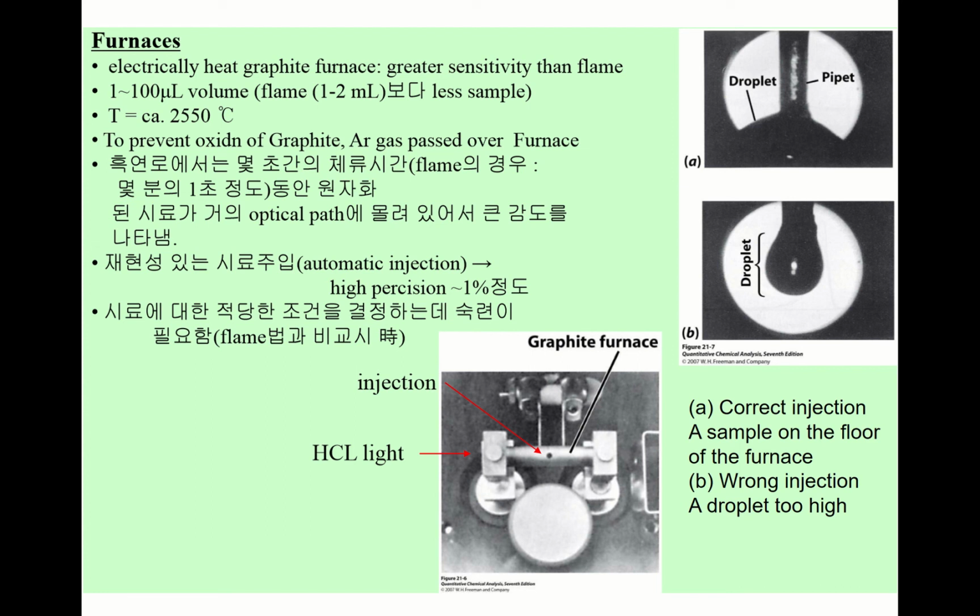So you have to prevent the oxidation of graphite. So argon gas should be passed over the furnace. In a graphite furnace, only several seconds of residence makes atomization, and its sensitivity is better than the flame case.